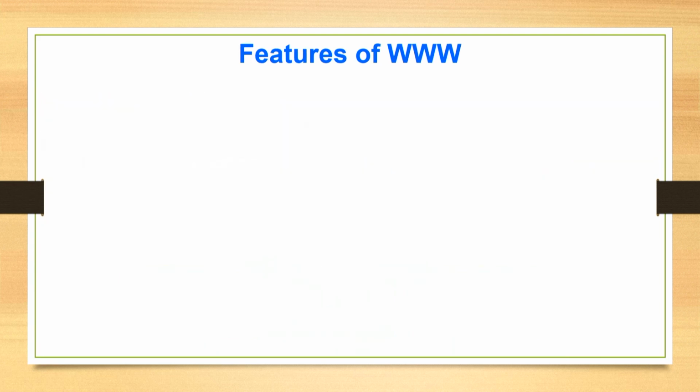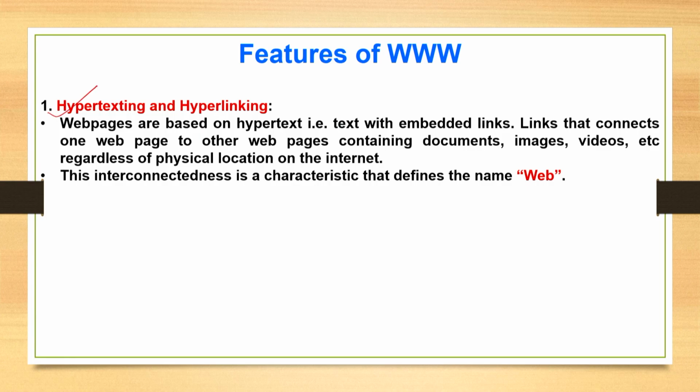Okay. Once we know how the WWW works, next comes the characteristics or features of the World Wide Web. The first feature is hypertexting and hyperlinking. WWW is nothing but a collection of websites, and a website is a collection of web pages.